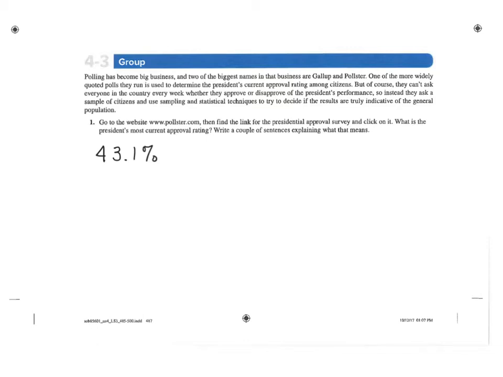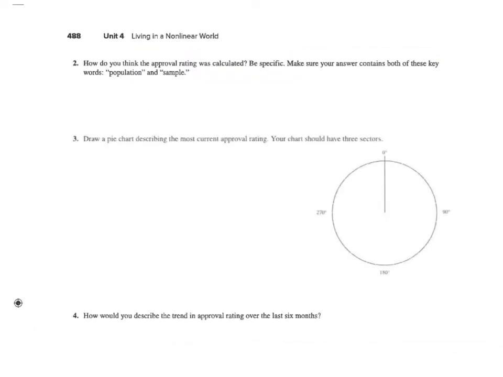So let's skip to the next page. Number 2 says, how do you think the approval rating was calculated? And make sure your answer contains both of these keywords, population. Remember, if we're talking about the presidential approval, we're talking about every single American.